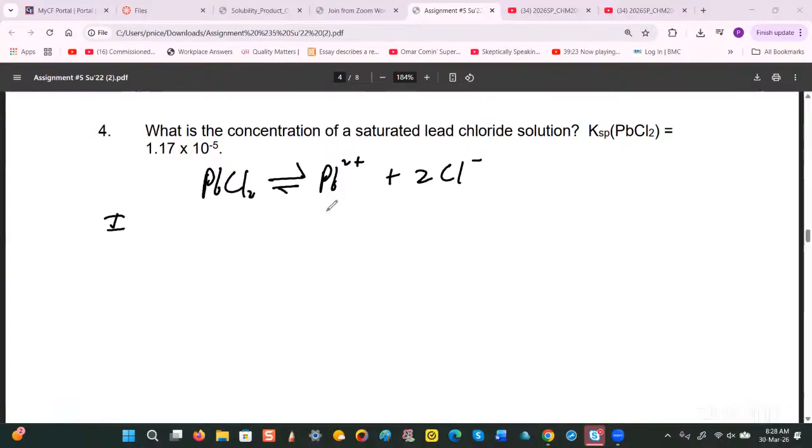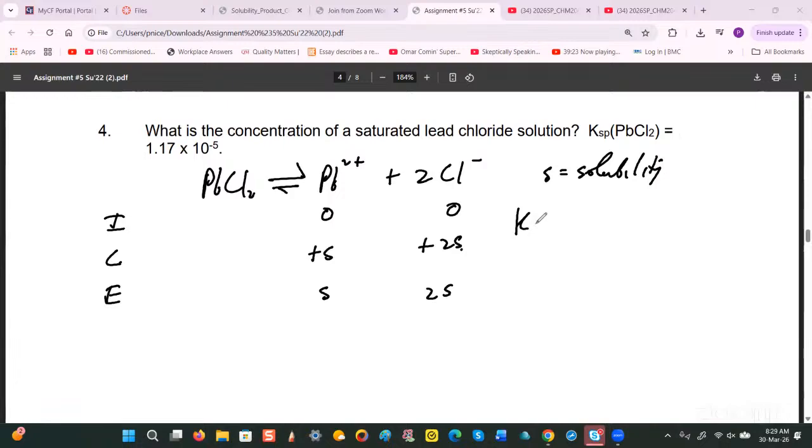Initially, we're going to have none of this, but the change here, again, assuming that S is the solubility of the compound, that means that the change here for the lead 2 plus is going to be plus S, and for the chloride would be plus 2S, all right? So at equilibrium, you're going to have S here and 2S here. So therefore, we can write down the KSP expression.